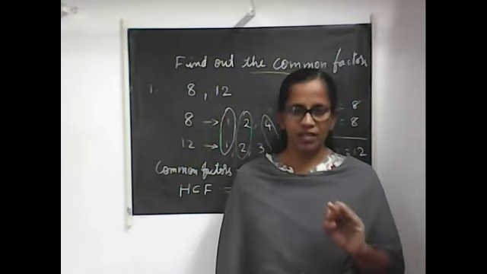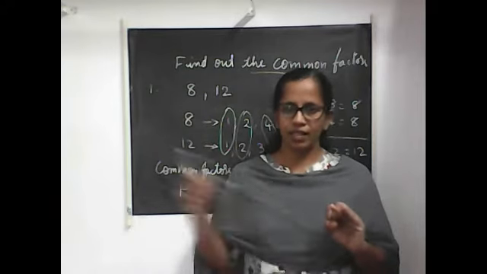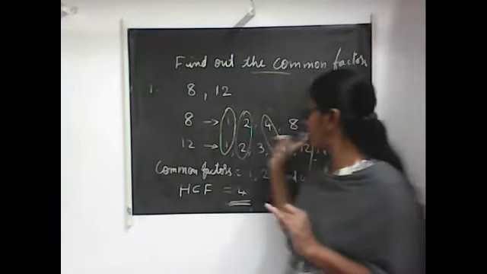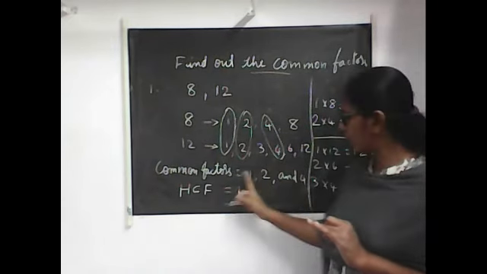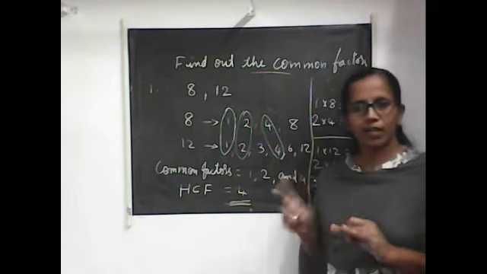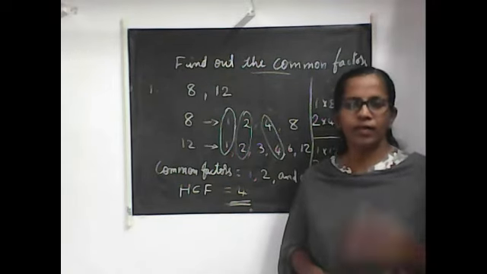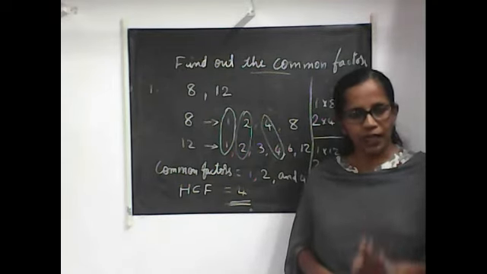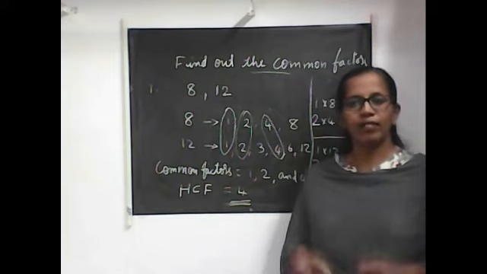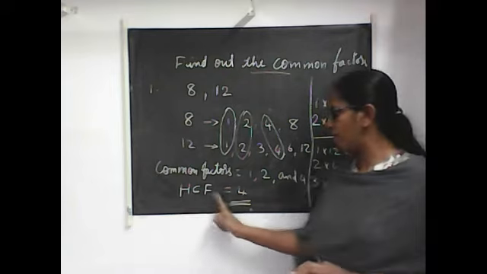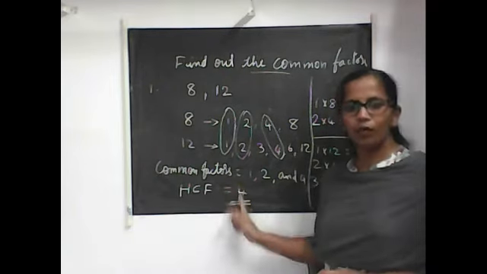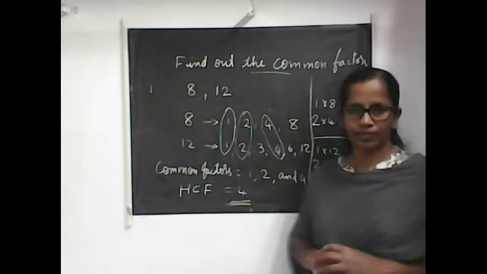Find out the factors and write them one below the other in a straight horizontal way. Then circle the common ones. Then those are the common factors. The third question, after finding out the common factors, you can write the highest common one from that. That is the highest common factor, that is HCF of 8 and 12.